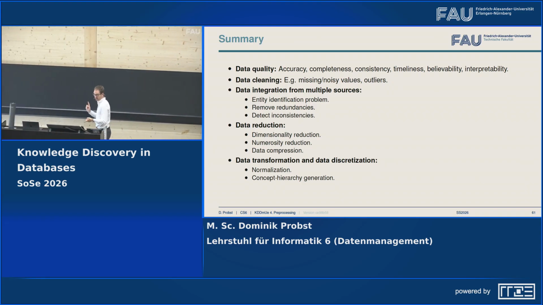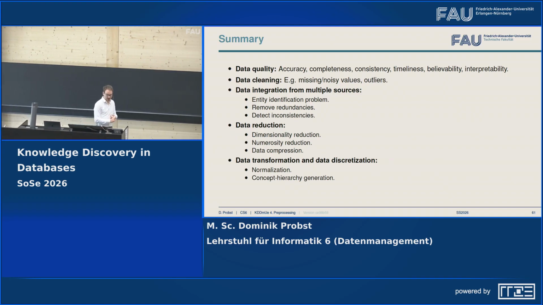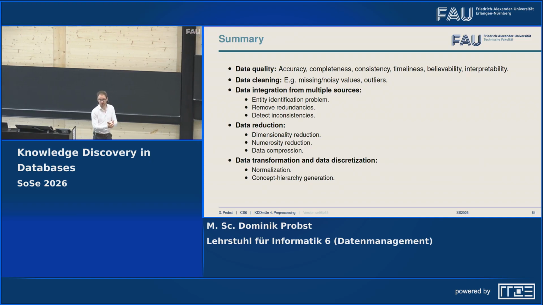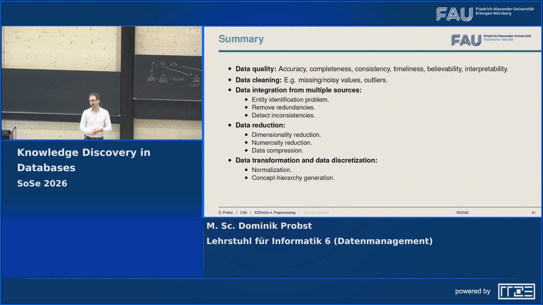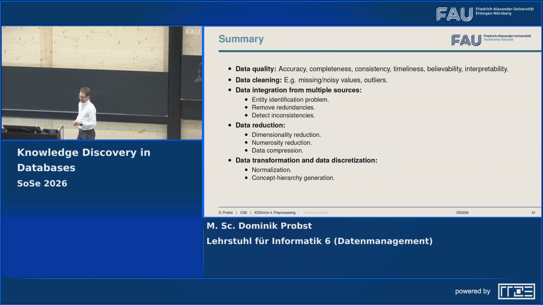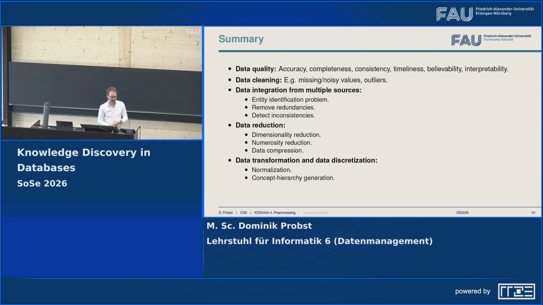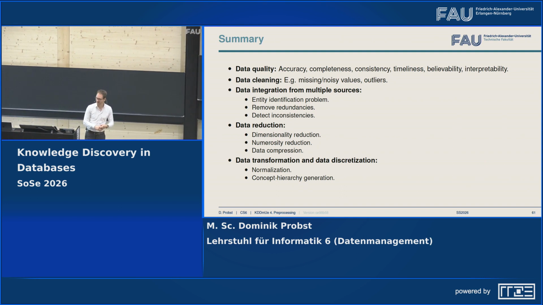We talked about data reduction, for example, by dimensionality reduction, so PCA, for example, or the wavelet transform. And we talked about numerosity reduction a little bit, but much quicker than the dimensionality reduction. Sampling would be a good example for that. Data compression is something that happens as well, but we didn't talk about that in detail, we just mentioned it.